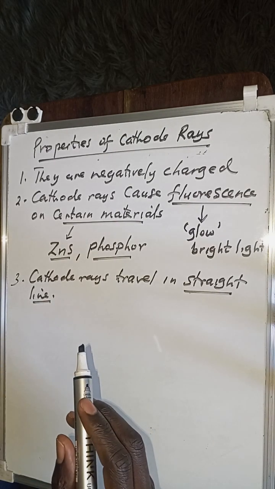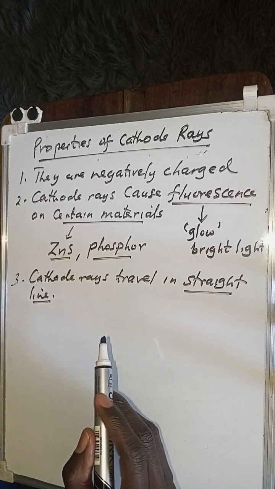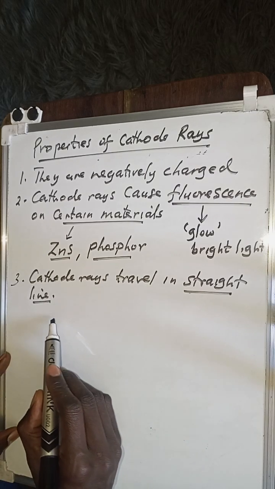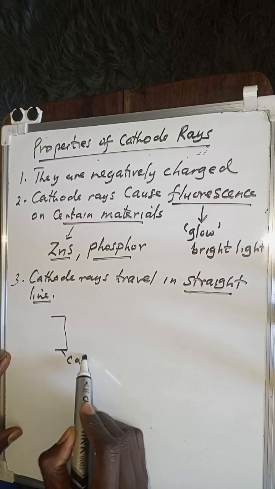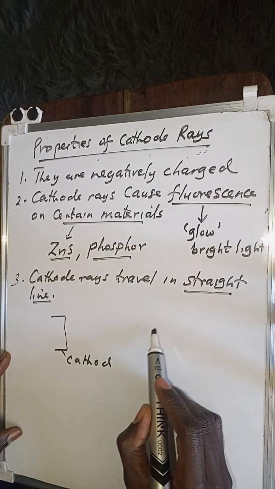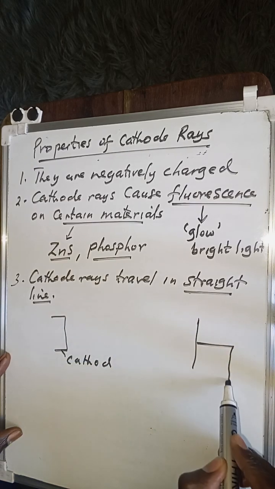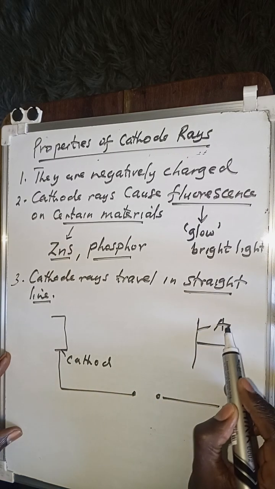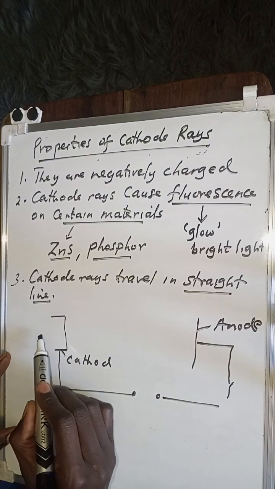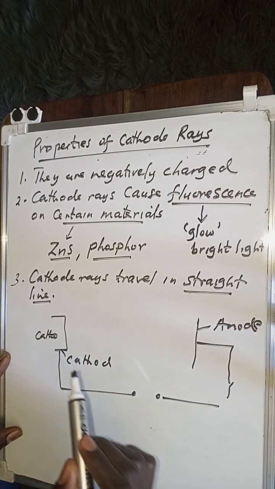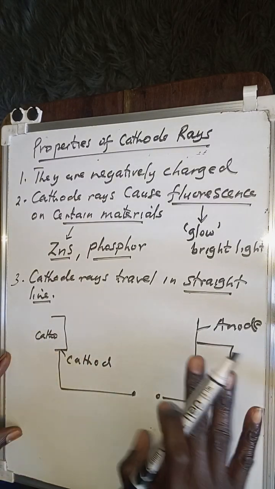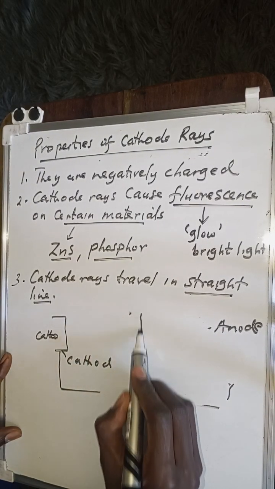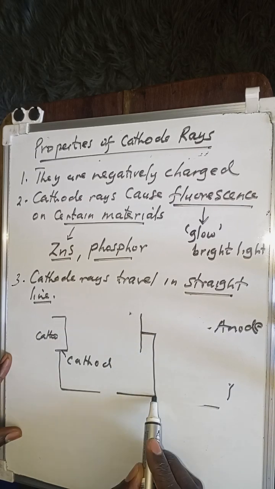Sometimes they have asked this question in the exam where they bring up what we call a Maltese cross. Imagine that this is the cathode. So let's say between the cathode and the anode, let me just shorten it there so that I can demonstrate what I want to demonstrate.